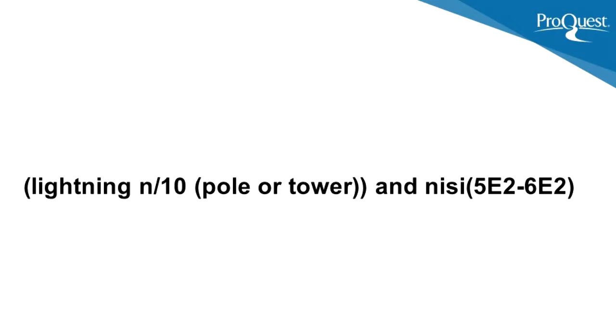We could look for lightning within 10 words, that would be n/10, of either pole or tower, and we would search for NISI, and inside that field we put 5E2 hyphen 6E2. So I ran that search recently, and here's what happened.